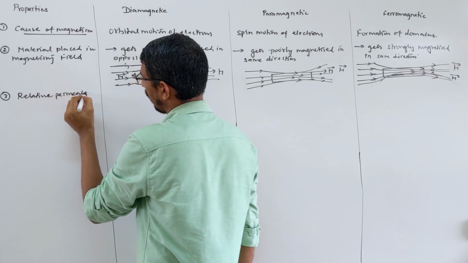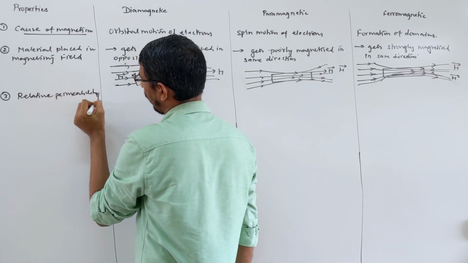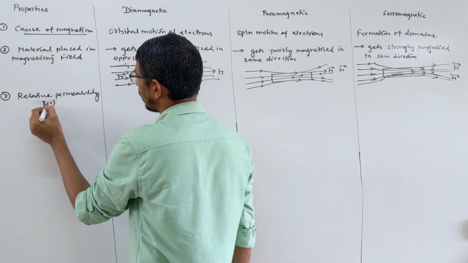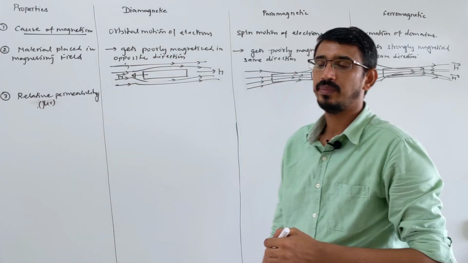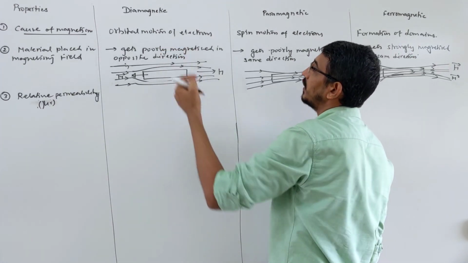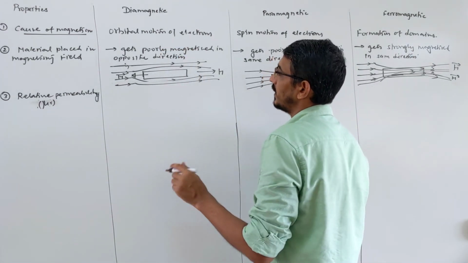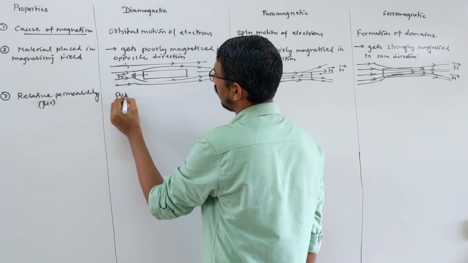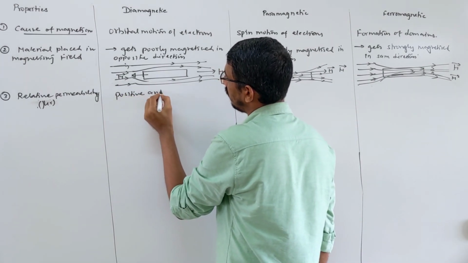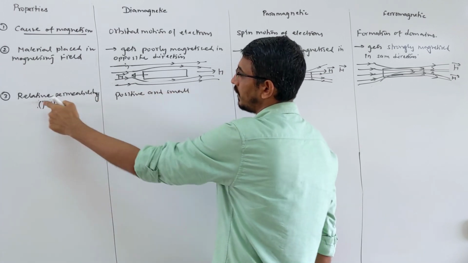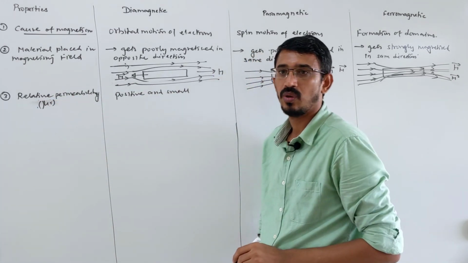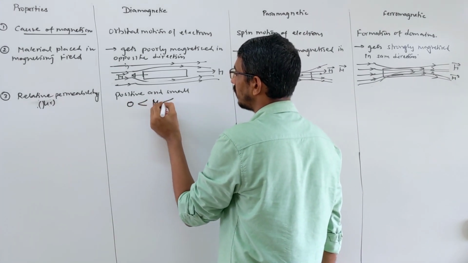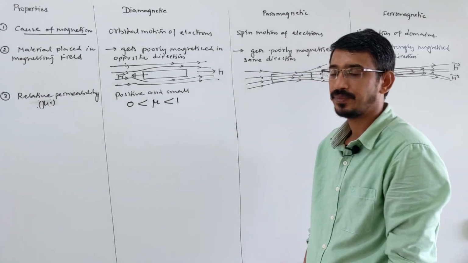We are talking about the value of mu r with respect to free space, for these three materials. For diamagnetic, it is positive and small, in the range more than 0 but less than 1.